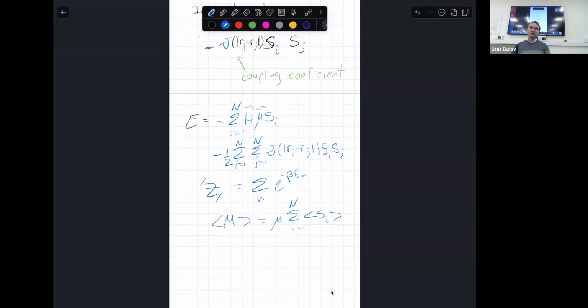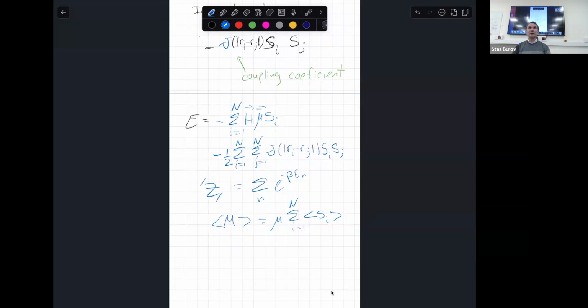So for 20 years, people only knew how to solve approximately the one-dimensional case. It was a genius work of Lars Onsager in 1944, who managed to solve the two-dimensional case. Nobody knows up to today how to solve the three-dimensional case.